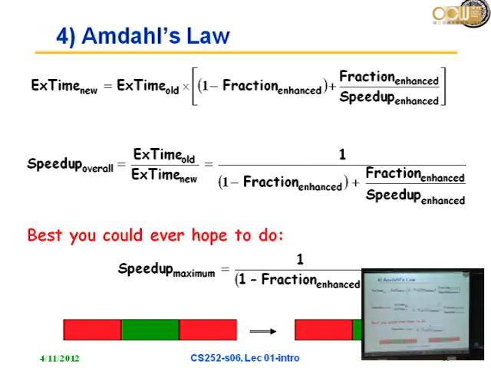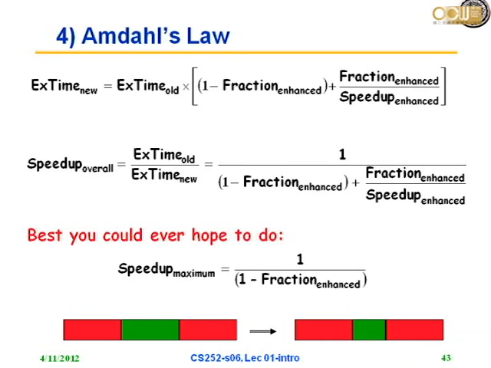Okay, only 1.1. So the overall speedup is the execution time old over execution time new, and plug this equation into the denominator, then you get this. Okay, that's a very simple equation, but the meaning behind it is: do improvement to the majority of your execution time, to the majority of where you spend your execution time.